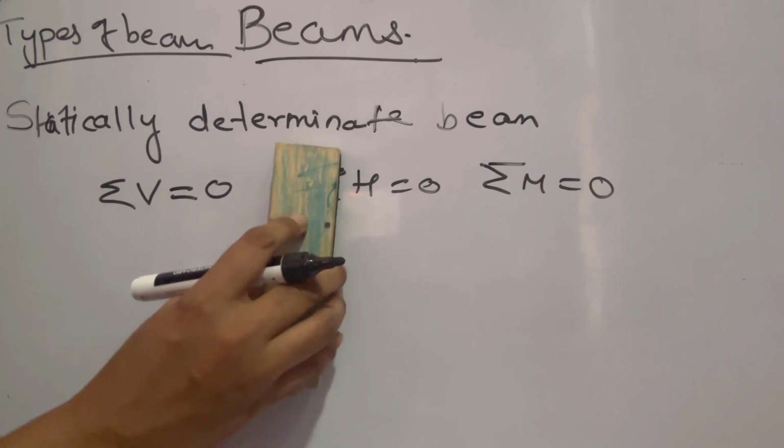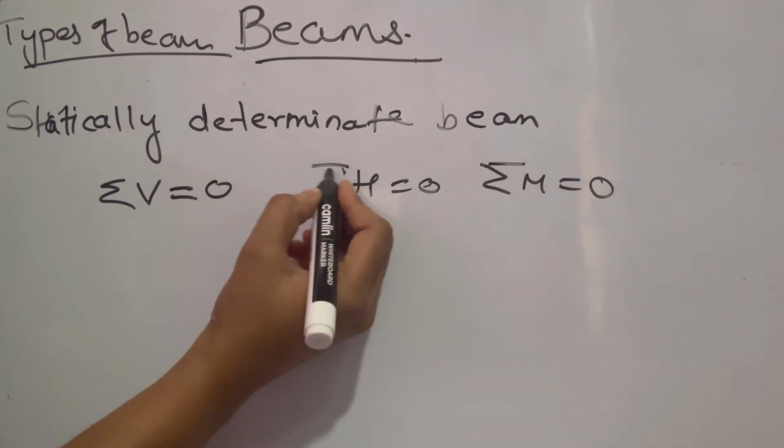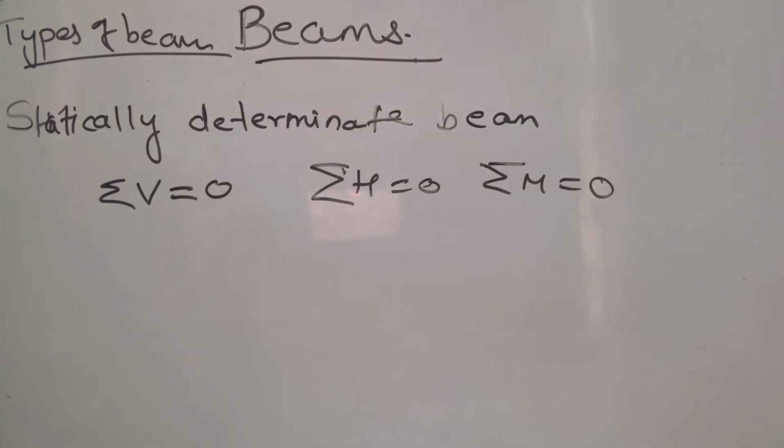Using only these three equilibrium conditions we can solve the problems, and those beams are called statically determinate beams. And if we cannot solve using these conditions, then it is called a statically indeterminate beam.